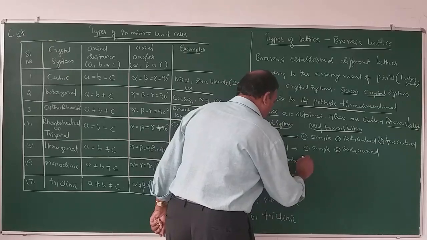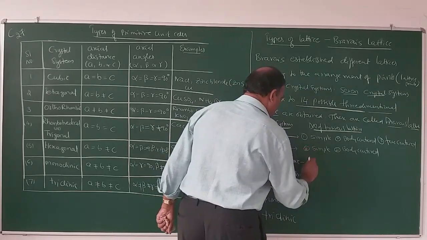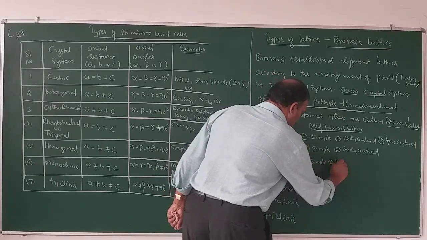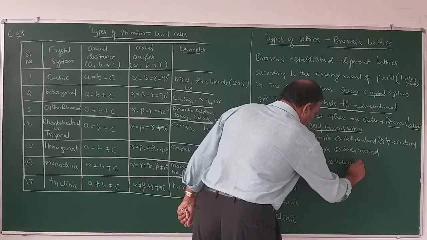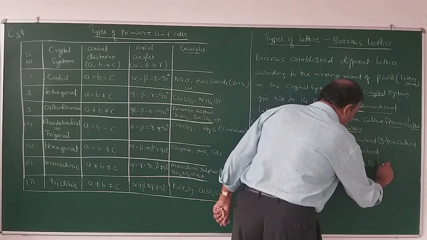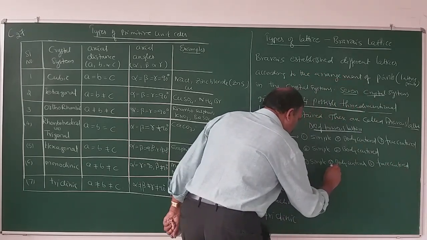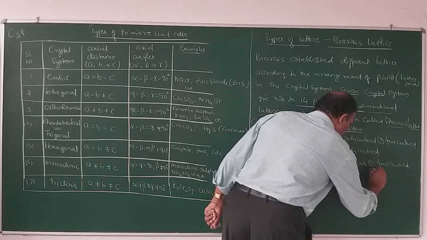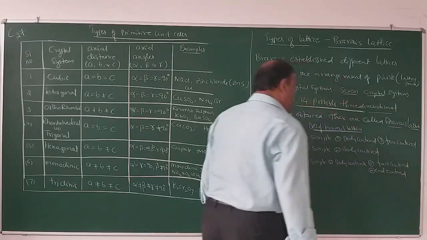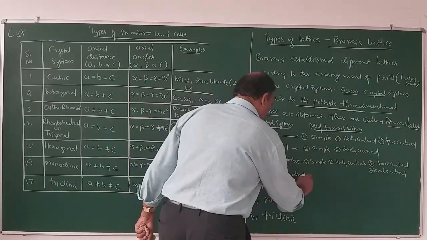And in orthorhombic there are four Bravais lattices. Number one, simple. Number two, body centered. Number three, face centered. And number four, end centered. So these are all the four possible Bravais lattices in orthorhombic.